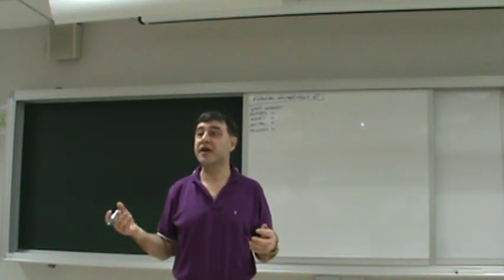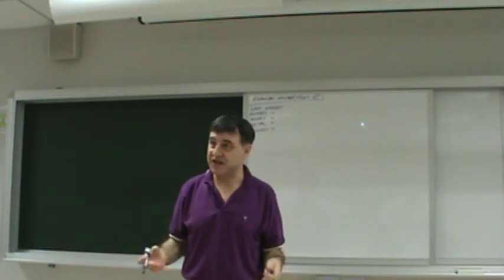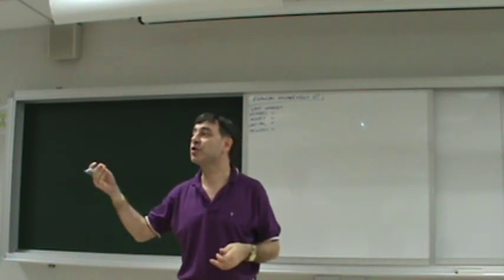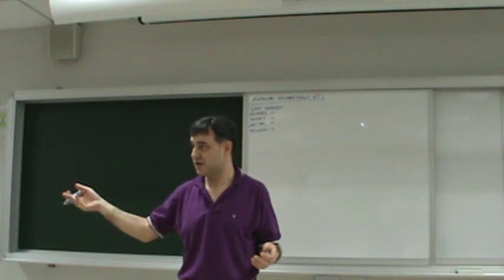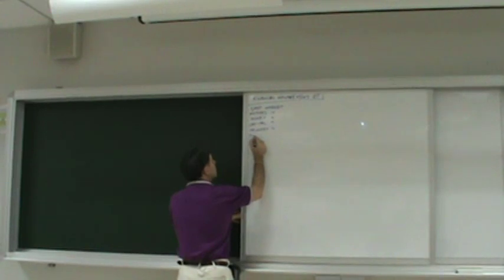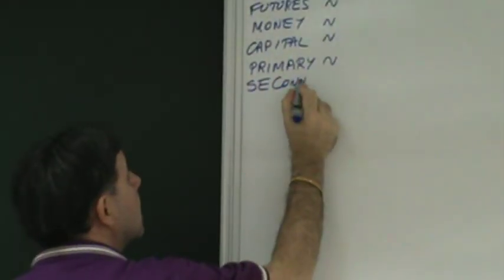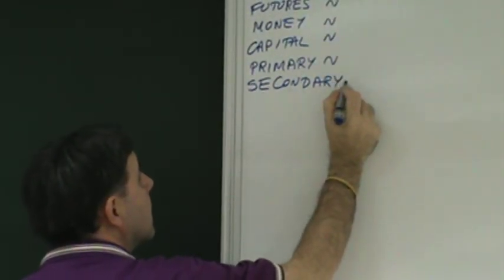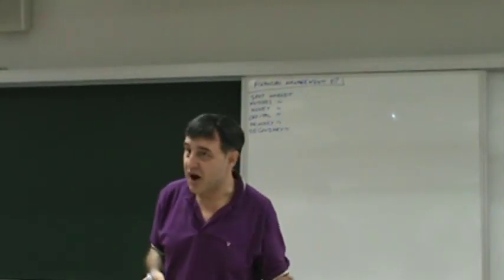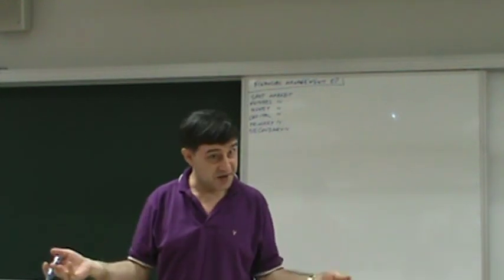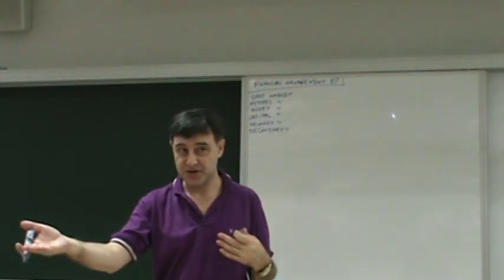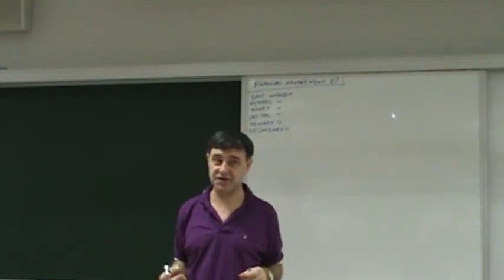A financial market where securities are issued for the first time in order to raise funds. Secondary market. A financial market where already existing securities are traded between investors. You can also say among investors, okay?